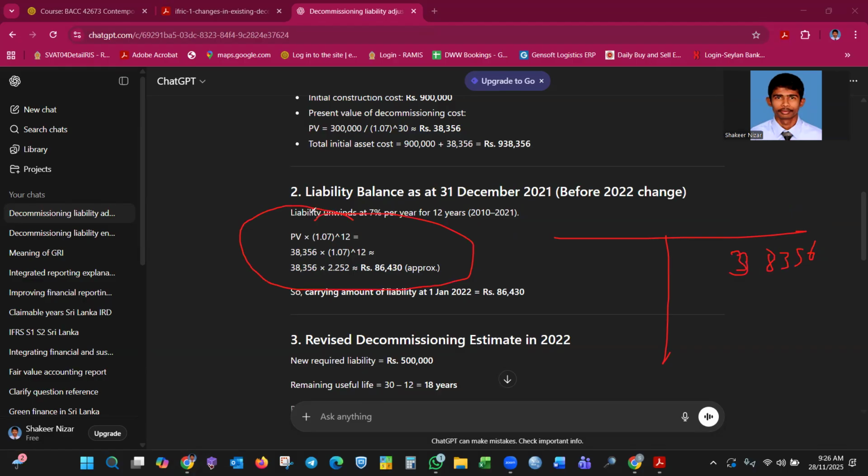That is why here, 38,356 into (1 plus 0.07) to the power 12. This is this much. The carrying value of the liability is this much. So adding the interest as well, you need to charge the interest.